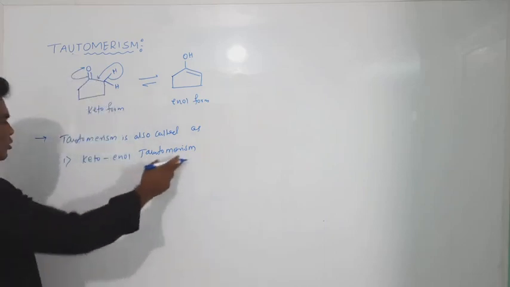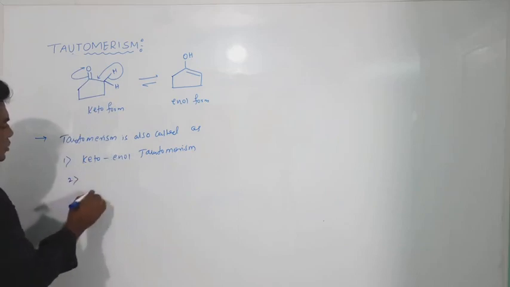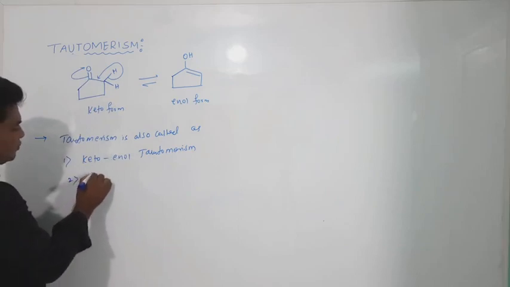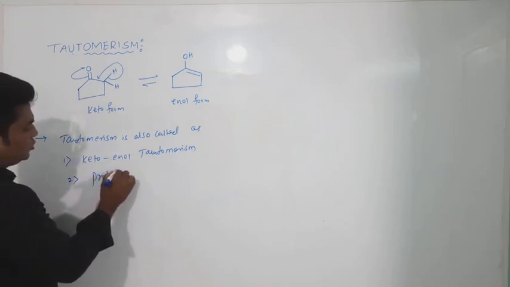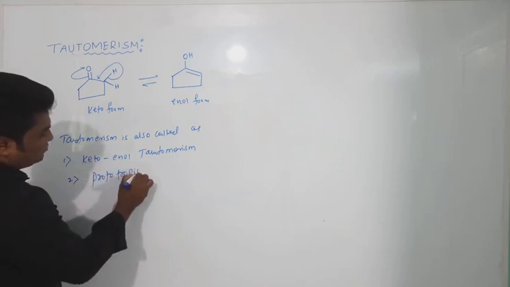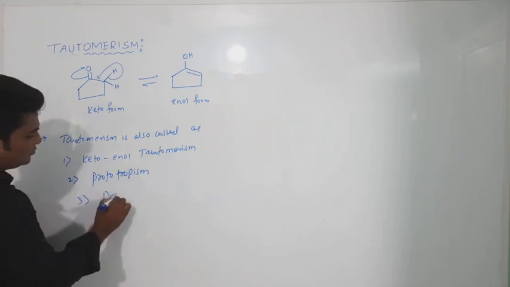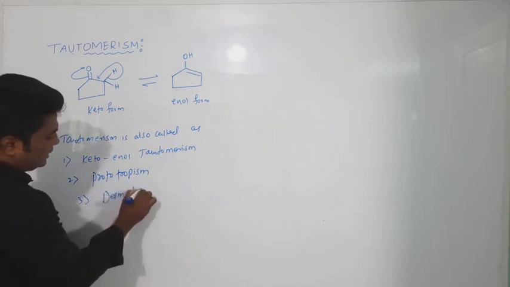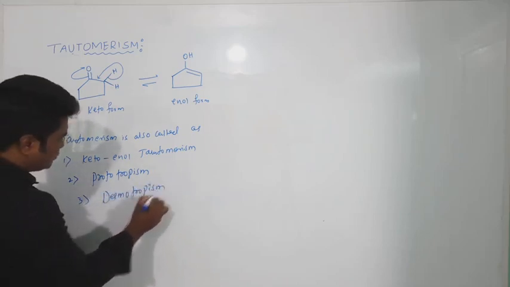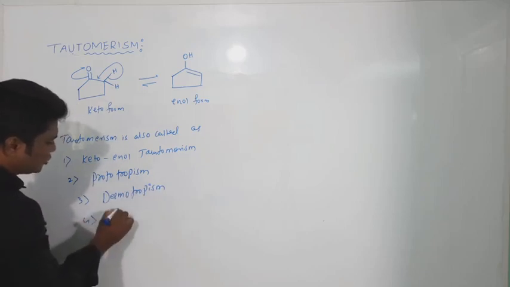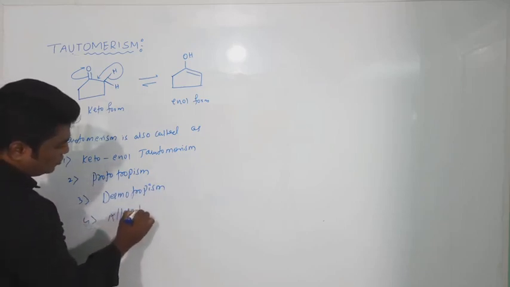Keto enol tautomerism. Second, it is also called prototropism. Then third, it is also called desmotropism. These are Latin words. Fourth, it is also called allotropism.